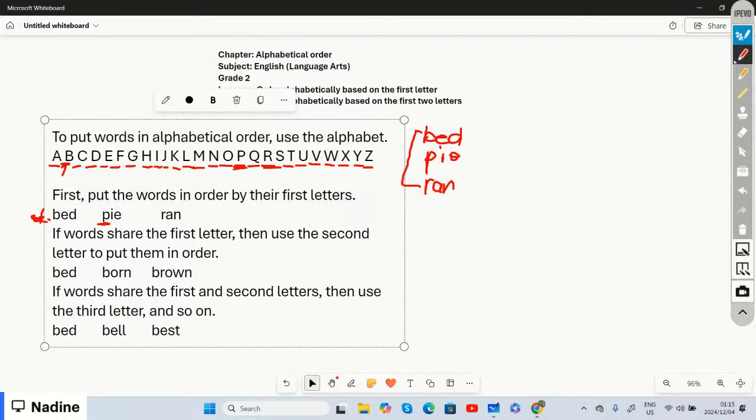So if the first letters are the same, like for example over here, bed, born, brown, all three of these words start with a B. Then it means that we need to look at the second letter, which is E, O, and R. And then once again, we put it in order. So of course, bed is going to be first, born is going to be second, and brown is going to be third.